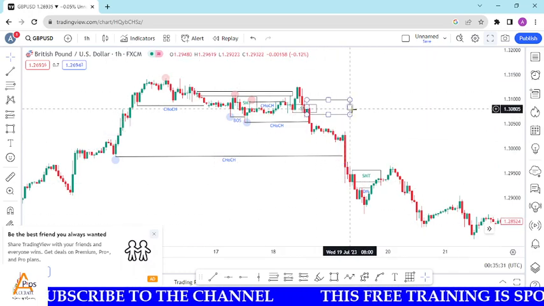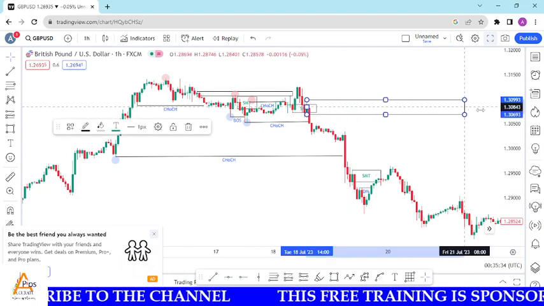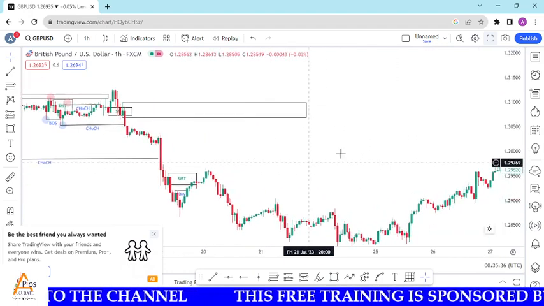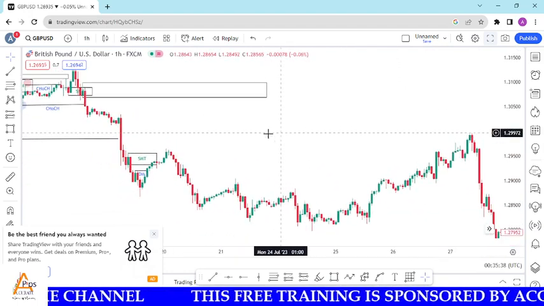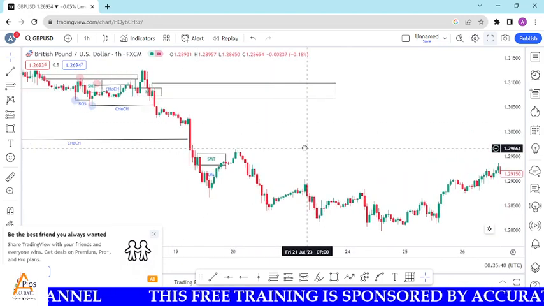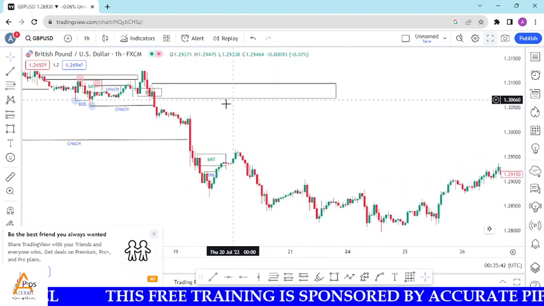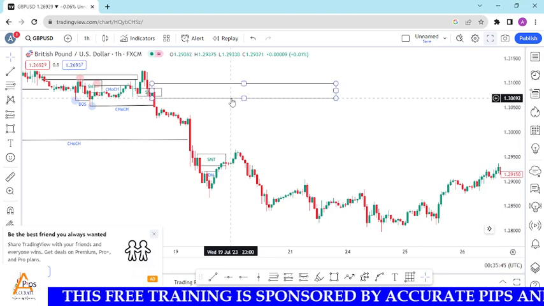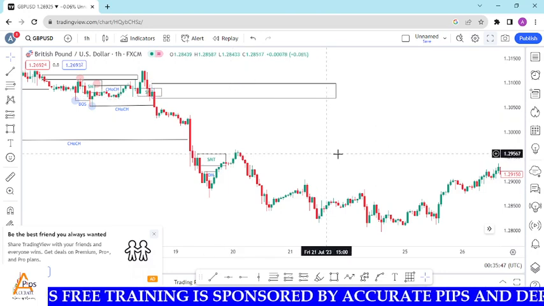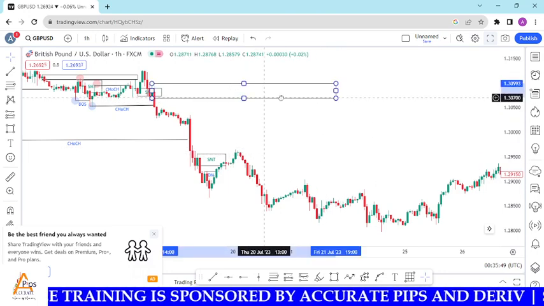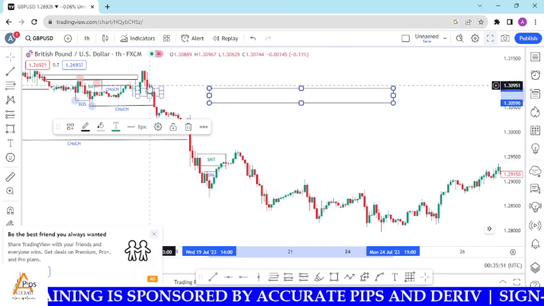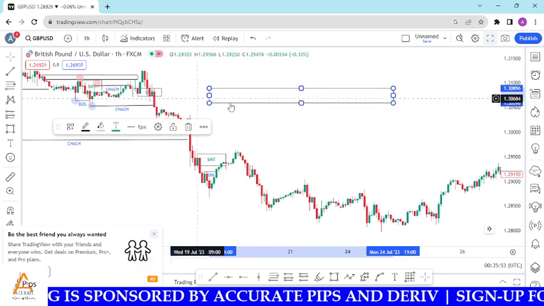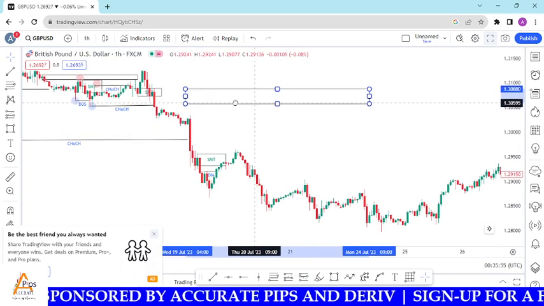Now this is an extreme OB, which if price returns into, maybe in the future you'll be looking to trade from. Okay, so this is our valid OB in this case. First of all, let me see. Yeah, because this candle took the high of this guy, it's valid.